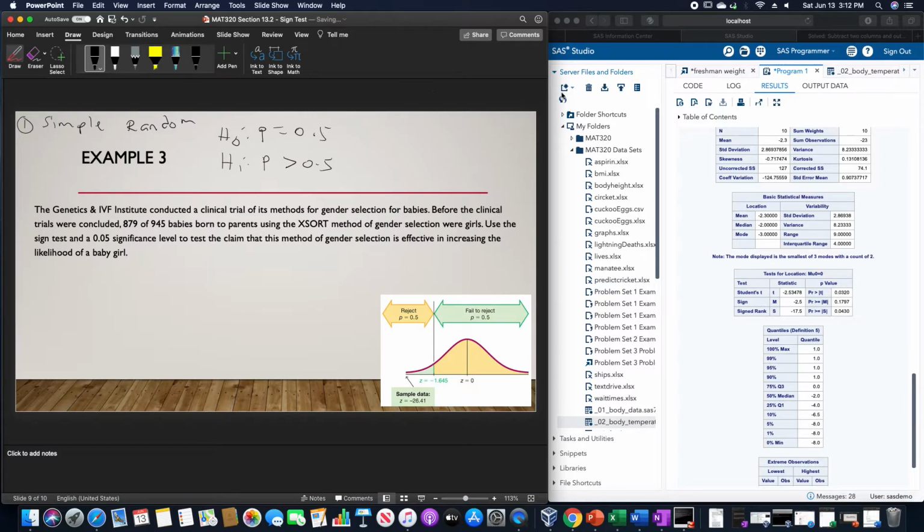Alright, since we have an n of 945, x is defined by 945 minus 879. Tossing that into a calculator would give us a value of 86.